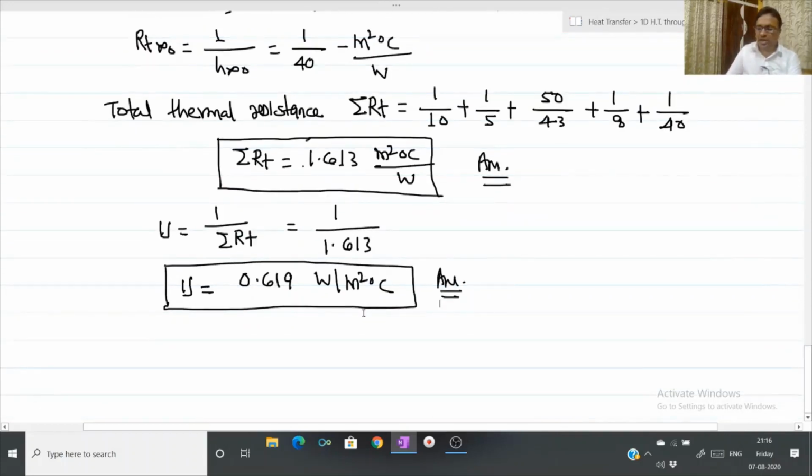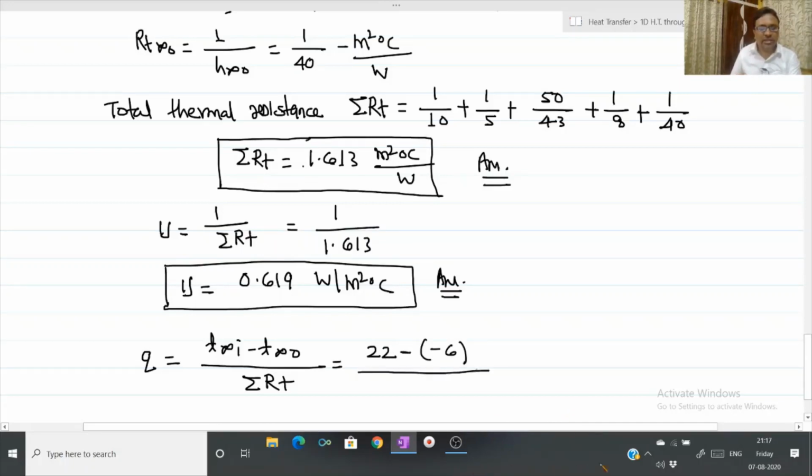And finally, I am interested to calculate heat transfer rate or heat loss per unit area. Q is T infinity I minus T infinity O over summation of RT. T infinity I is 22 degrees Celsius. T infinity O is minus 6 degrees Celsius. And the value of total thermal resistance is 1.613. Now see here, we need to balance the units.